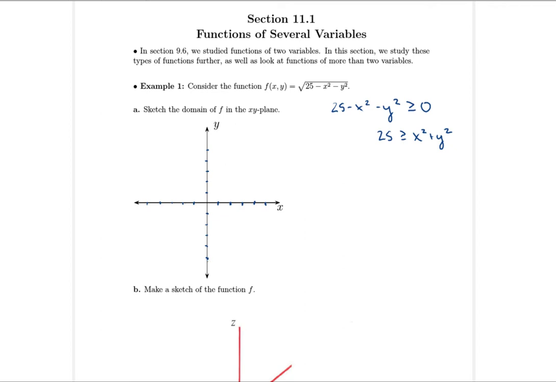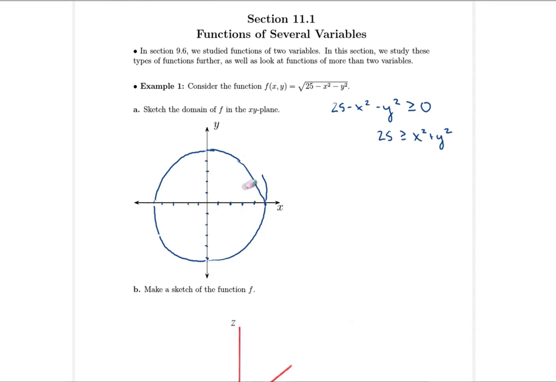All right, so we'll make the best circle we can here. And it's supposed to have radius 5, but I don't think I spaced my tick marks out quite the same.